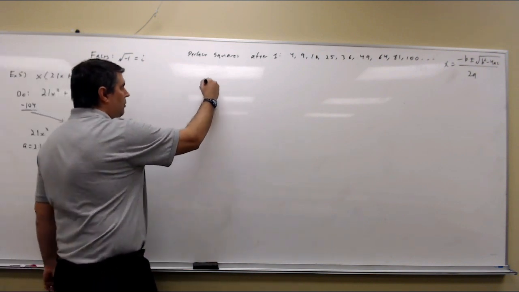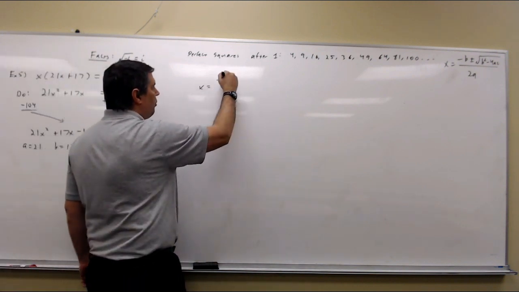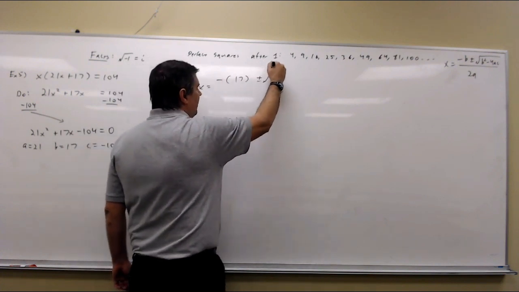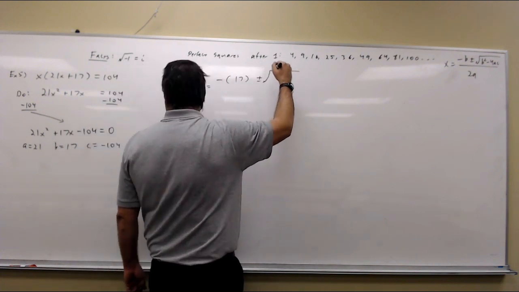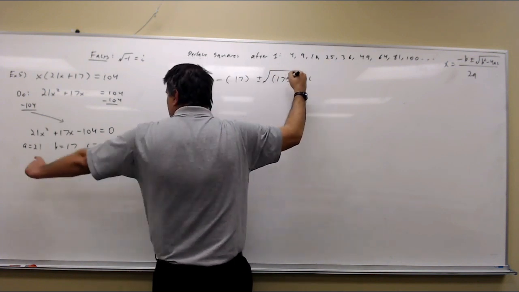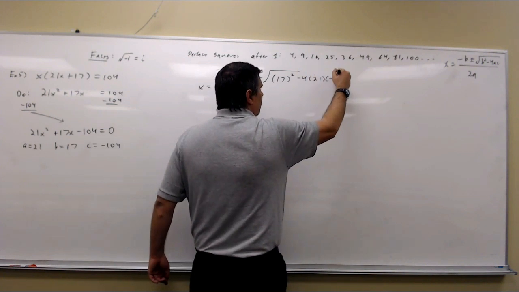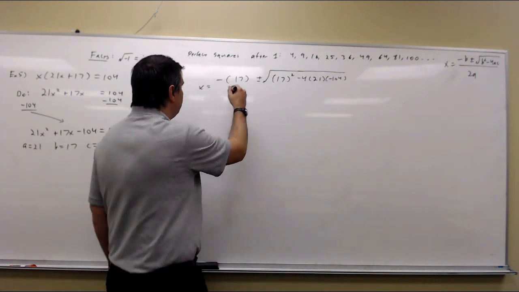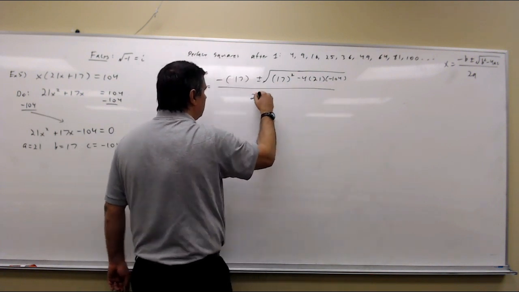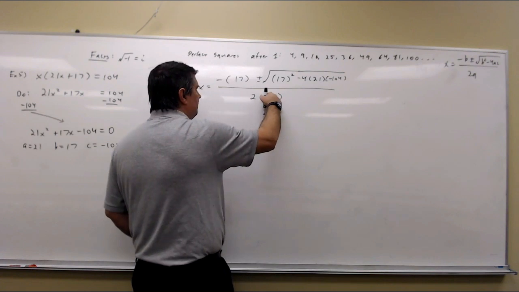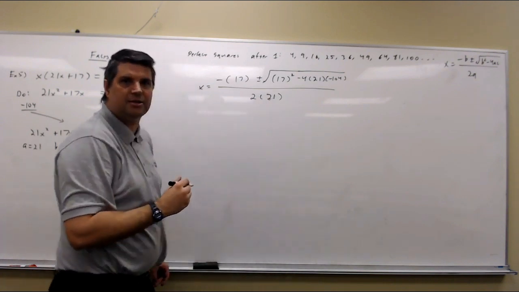So x will equal, per the quadratic formula, negative 17 plus or minus the square root of 17 squared minus 4 times 21 times negative 104, all over 2 times, sorry, 2 times 42. 2 times 21. Force of habit, sorry.